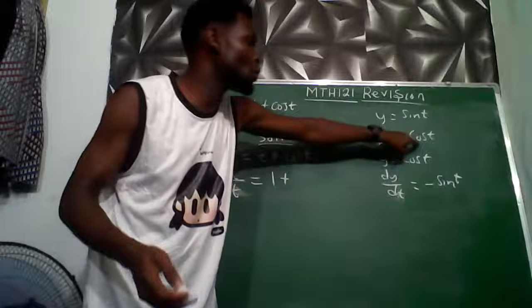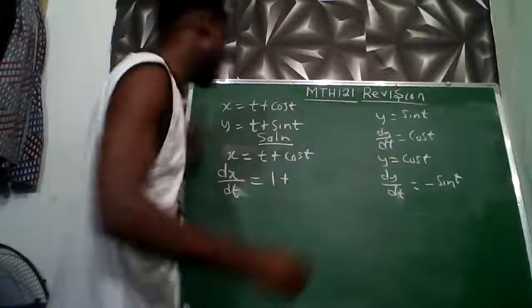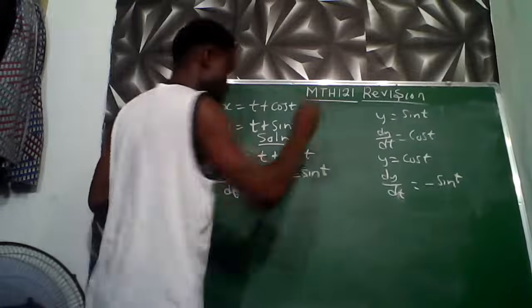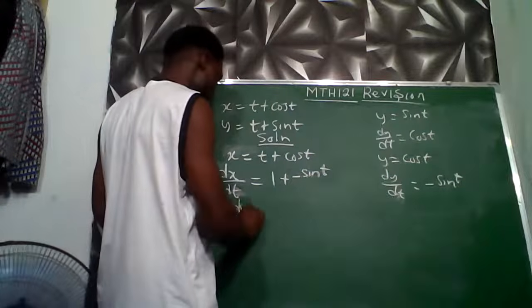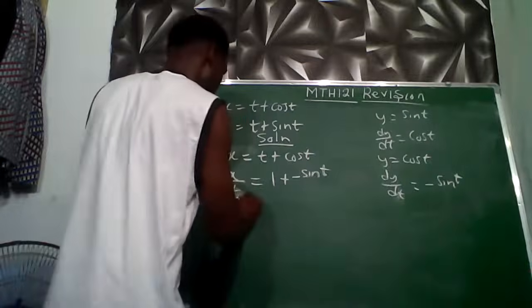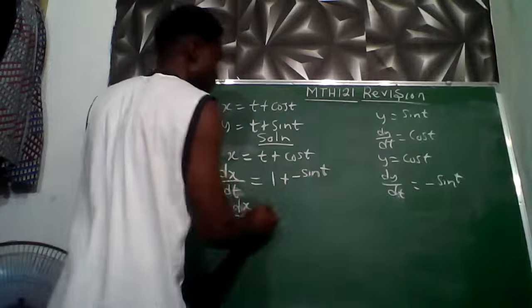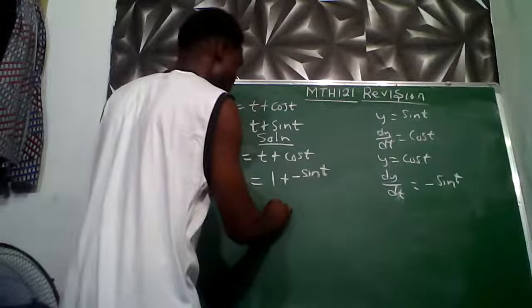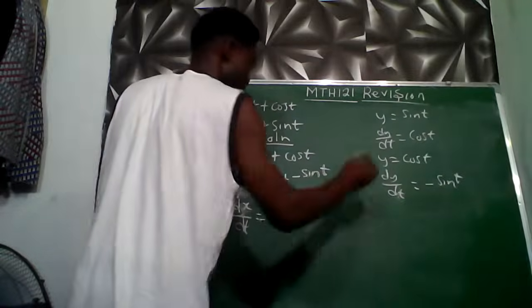If you differentiate cos t, you get negative sin t. So the derivative of cos t is minus sin t, meaning that dx/dt is equal to 1 plus minus is minus, so 1 minus sin t. You are done differentiating that.